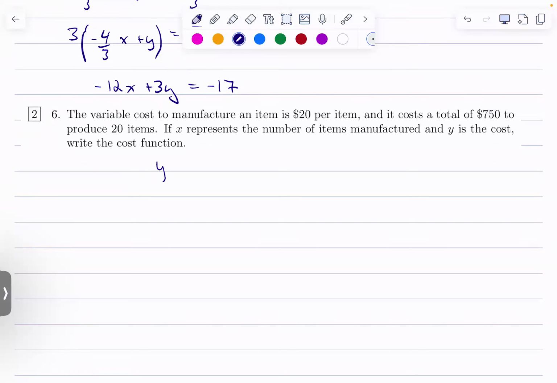So then Y is the cost, which is going to depend on X, right? And so now it's $20. The variable cost is $20 per item. And so that means that it's going to cost 20x, 20 times however many items I need to produce.